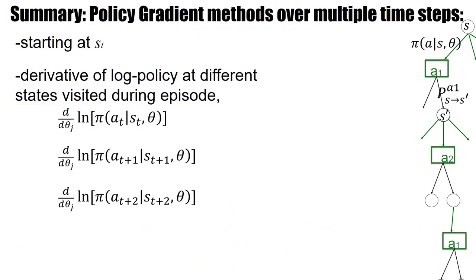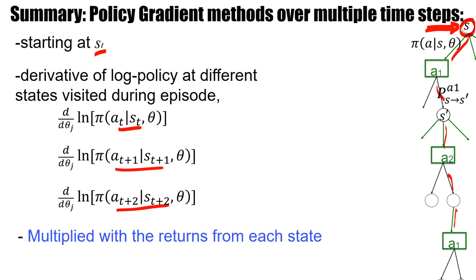To summarize, we start at a state S, which we call S_T. Then we play a single trial. We walk through the graph on this trial like this. And what we find is, in order to optimize the return of this state up here, the state S, we have different log policy terms at A_t S_t, A_{t+1}, A_{t+2}. And each of these terms is multiplied with the returns, where the returns are the total sum of the rewards starting from these different states.